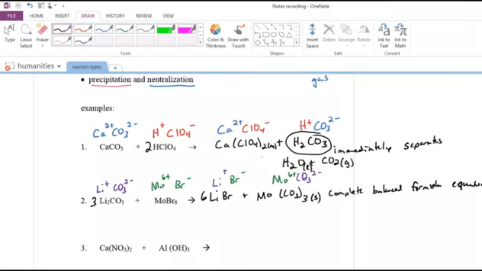So we could do a complete ionic, and we can do a net ionic. Our net ionic would be CO3 2- plus Mo 6+ yields Mo2(CO3)3, and of course it always needs to be balanced.